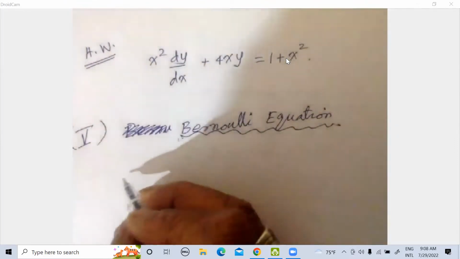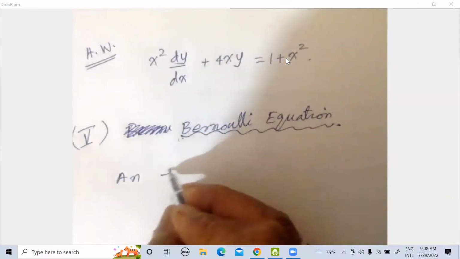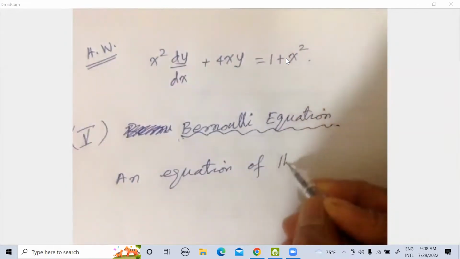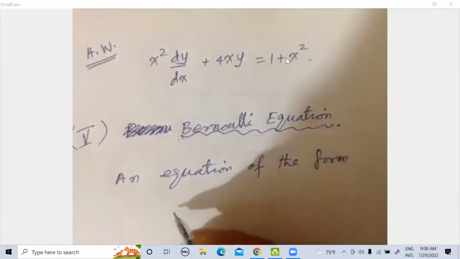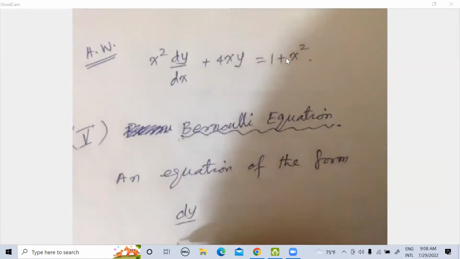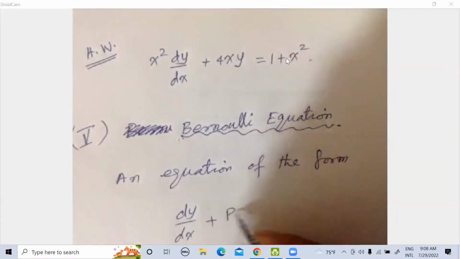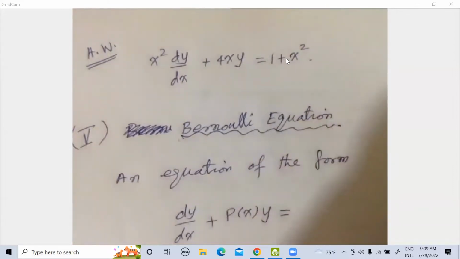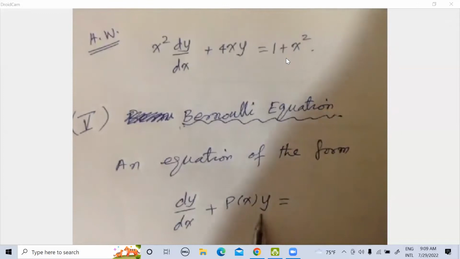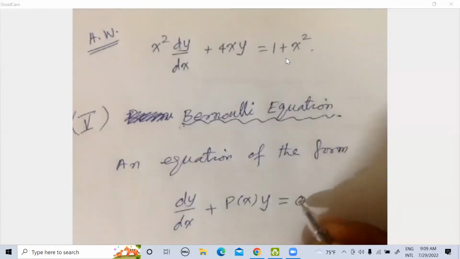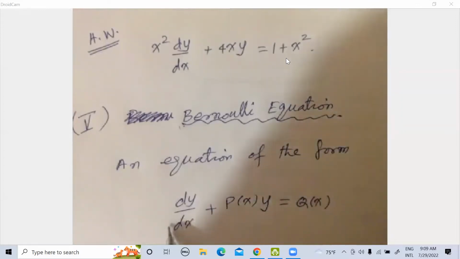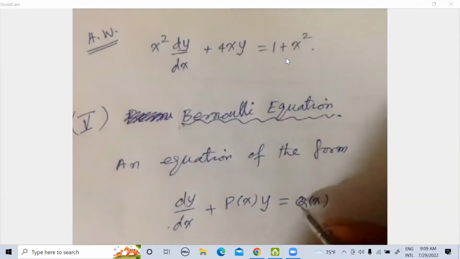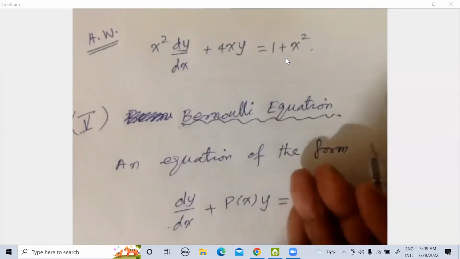These are equations of the form dy over dx plus p of x times y equals q of x times y to the n. This is a first order linear differential equation on the left hand side.